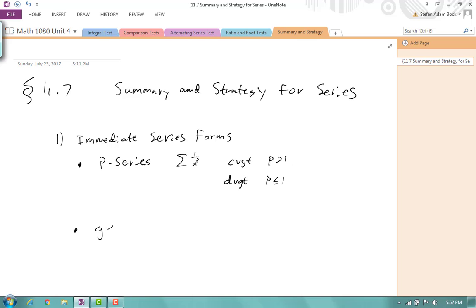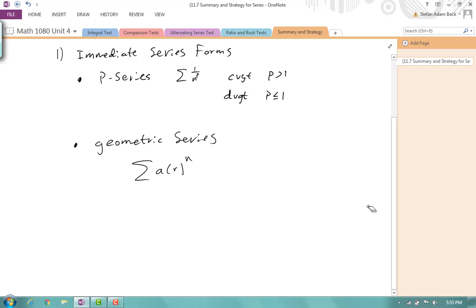And there's geometric series, which looks like a times r to the n, where a and r are both constants. In which case, r is the common ratio, and a is just maybe some extra stuff that's been tacked on.